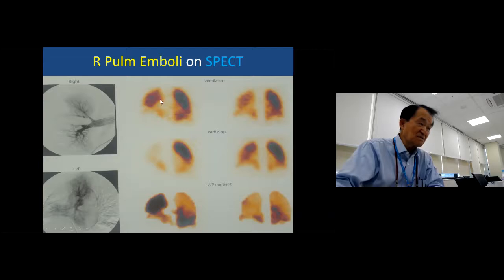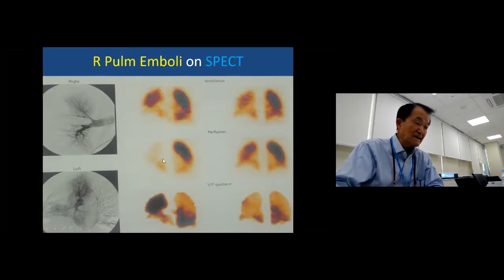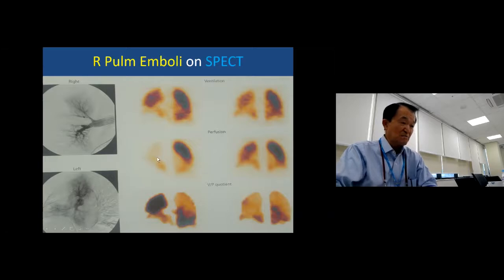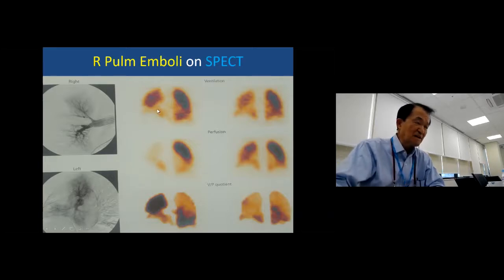A ventilation study usually shows retention of xenon gas, and perfusion is just decreased because of the VQ ratio. But in this case, you can see normal ventilation and abnormal perfusion. That's a proven pulmonary emboli. That's a large one, but it's not a common finding. The common finding is multiple bilateral defects.